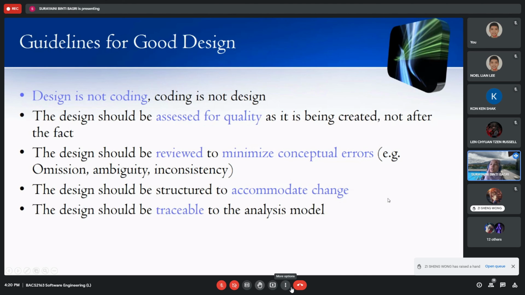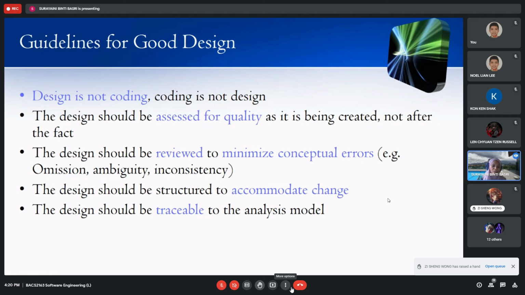After that, the design should be traceable to the analysis model. So whatever you design, it must be related to the SRS or to the analysis that you have done in the SRS.